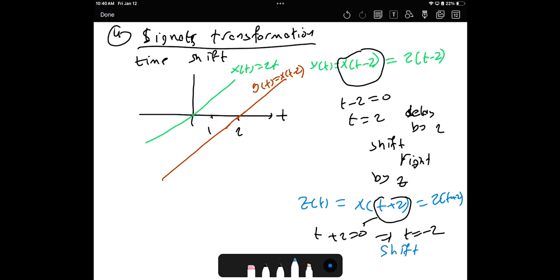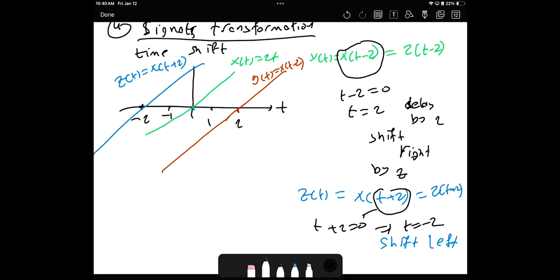If it is positive, shift right. If it is negative, shift left. So what will happen to z? Here is negative 1, here is negative 2. So you will go 2 steps, from 0 to 1 to 2, which is the negative 2 here. So this is z of t, which is x of t plus 2. Okay?